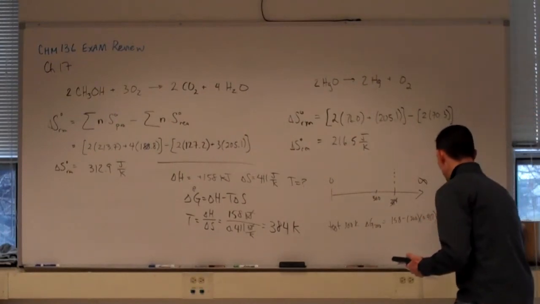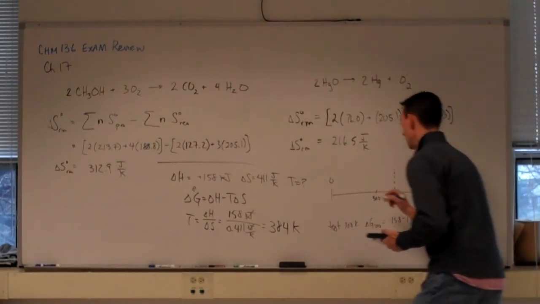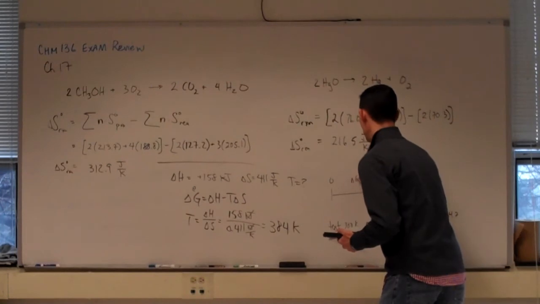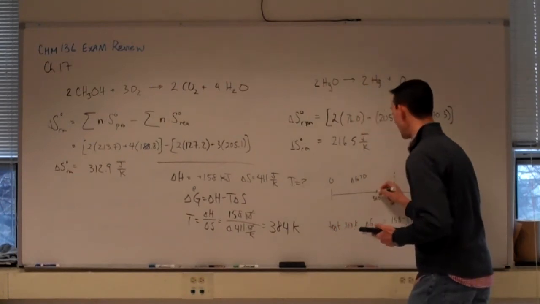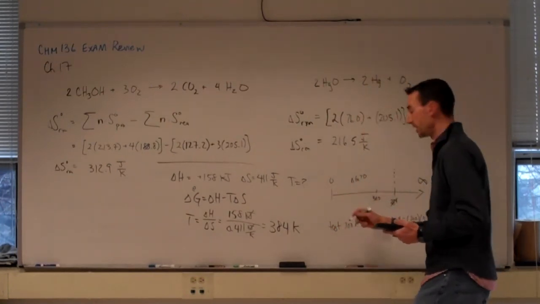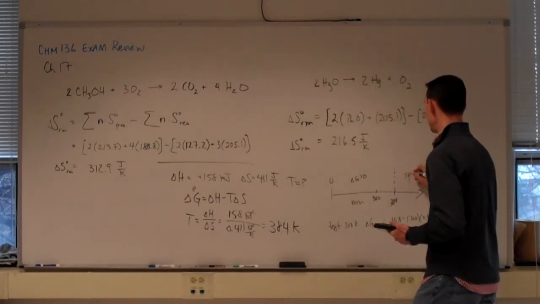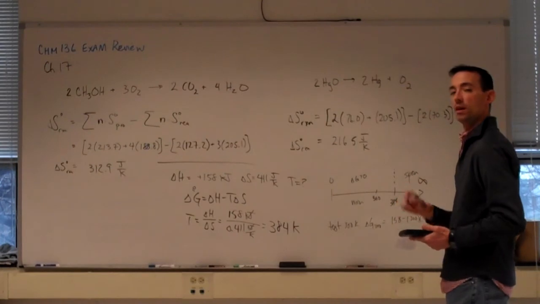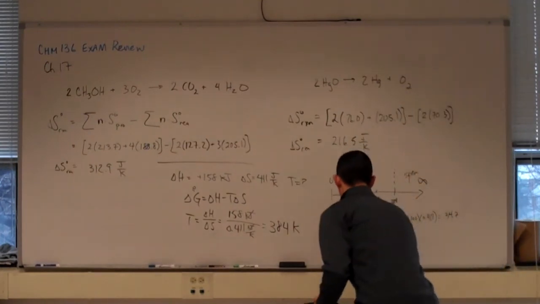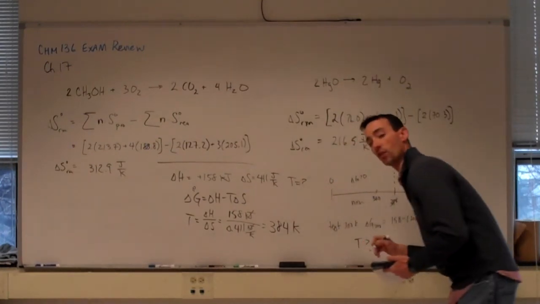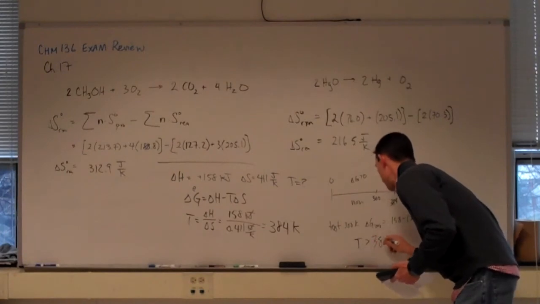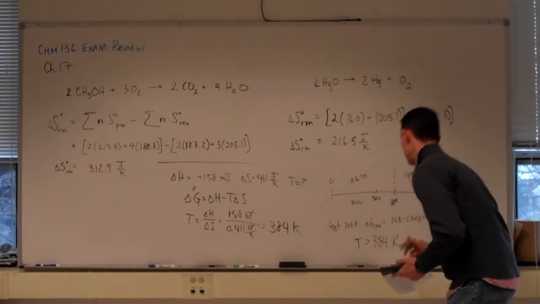Or positive 34.7. Therefore, delta G is going to be greater than 0 for all values on the left side here, below 384. So it's non-spontaneous there, spontaneous here. The answer to the question then is, this reaction will be spontaneous for all temperatures greater than 384 Kelvin.